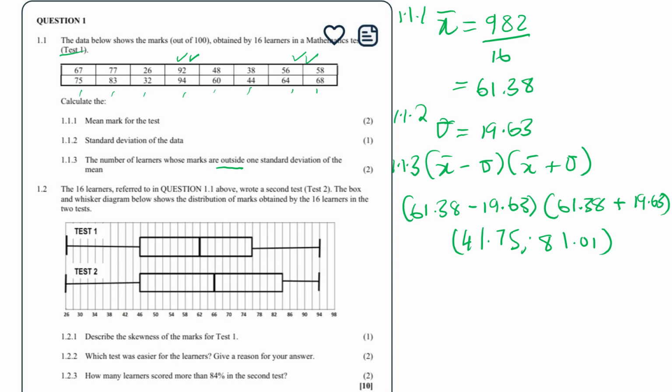If you take time and calculate those learners, we have 88, we have 32, we have 83, we have 94, 92, and so forth. Therefore, now you will find in total it is 6 learners. They are outside one standard deviation, right?